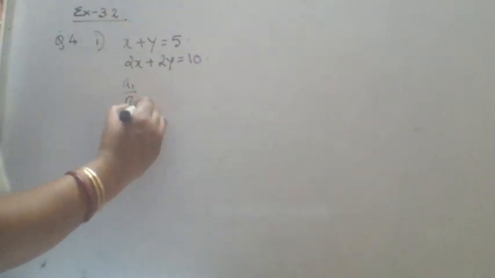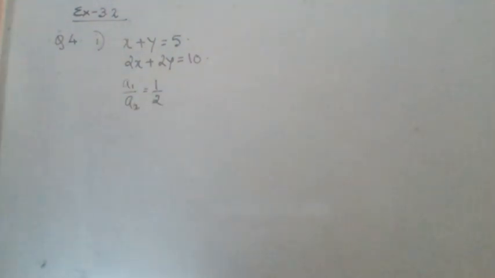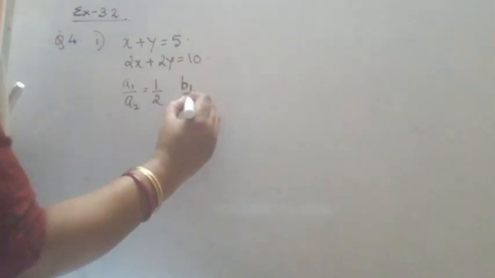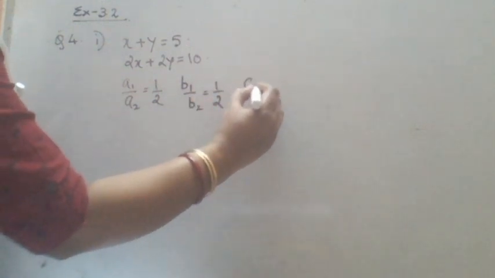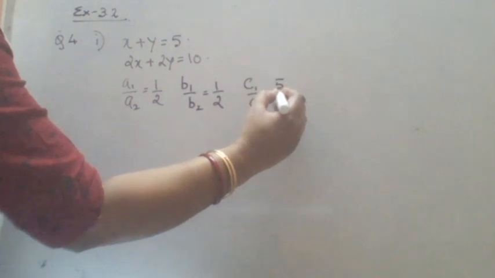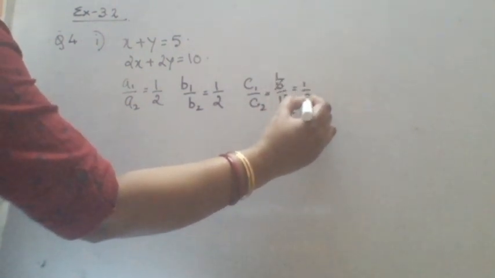A1 upon A2 is equal to 1 upon 2, and your B1 upon B2 is also equal to 1 upon 2, and C1 upon C2 is also equal to 5 upon 10, that is, cancel it to get 1 upon 2.